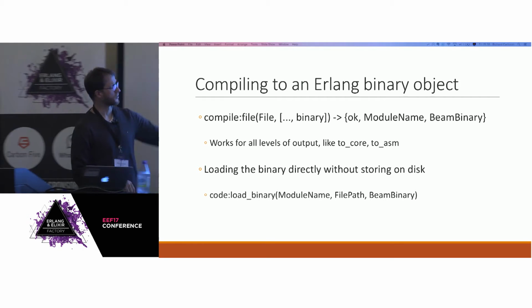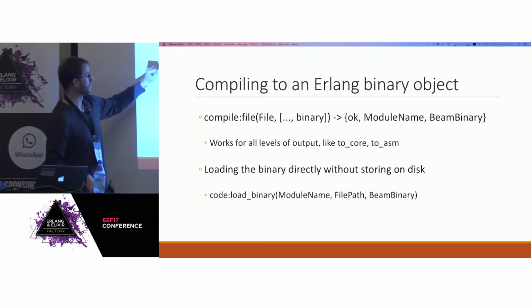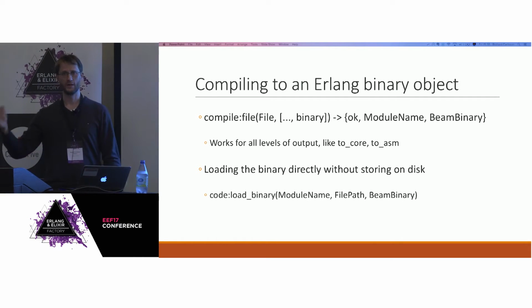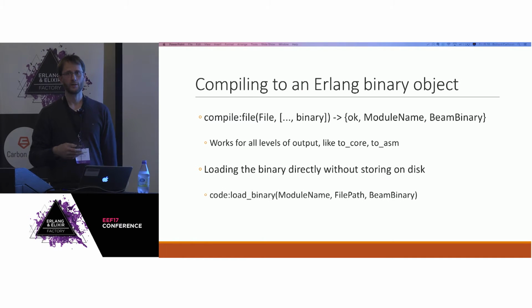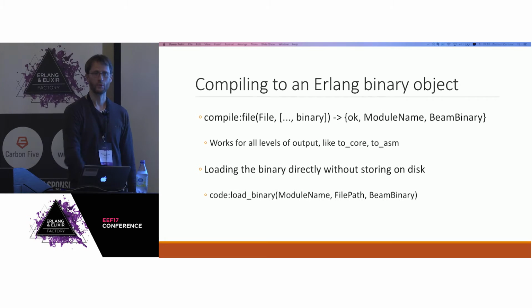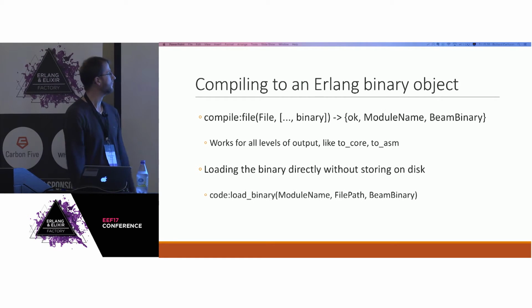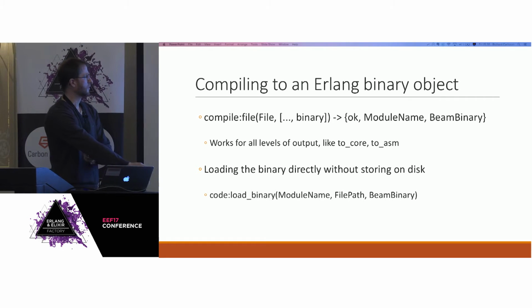So the name of the option is binary, but this actually works for all levels of output. It just takes wherever it stopped and returns that to you. So if you say, compile this, but stop at the core level, it will happily return the core code to you if you want to do some stuff with that. That can sometimes be useful.